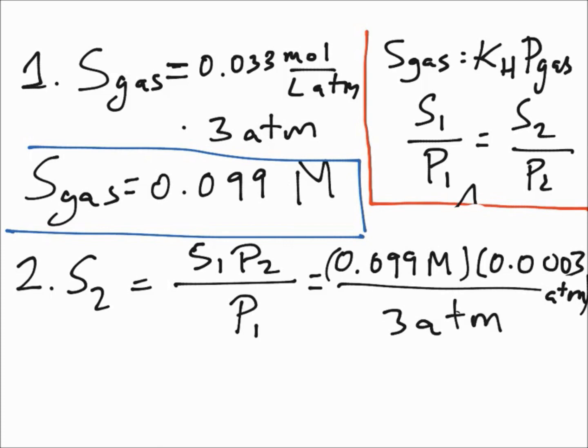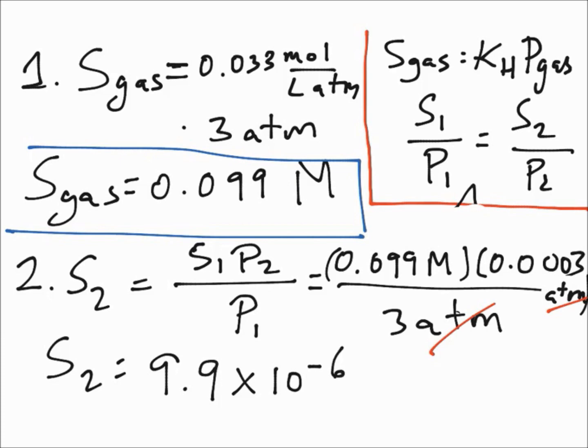This will cancel this, and the result will be molar, and we get that S2 is about 9.9 times 10 to the negative 6 molar.